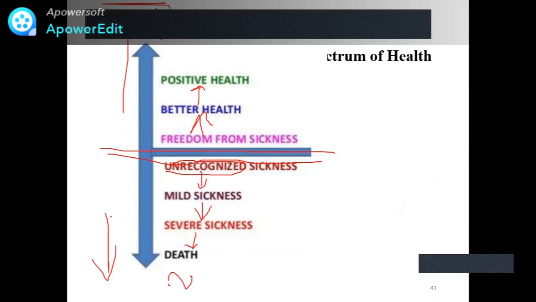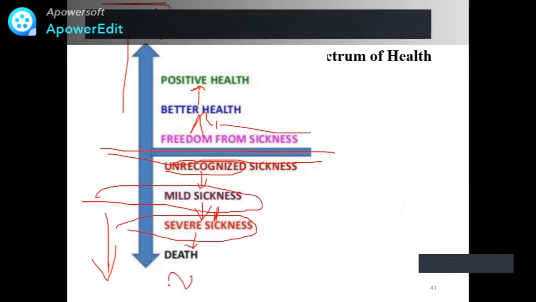We can't say all people are in mild sickness or severe sickness. There are people living in between mild sickness and severe sickness, better health and free from sickness. Some people are living in between these two concepts.